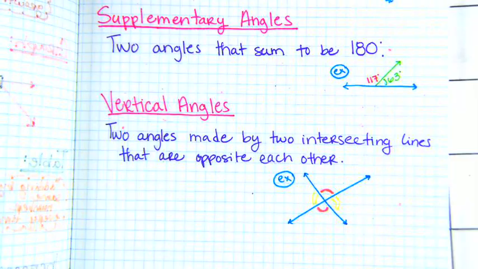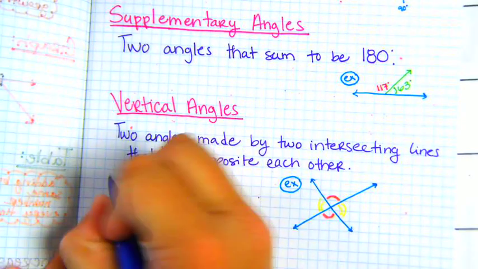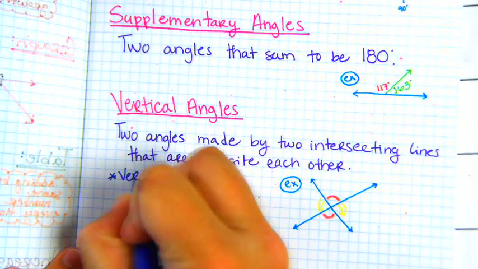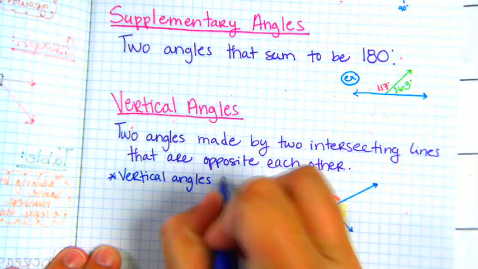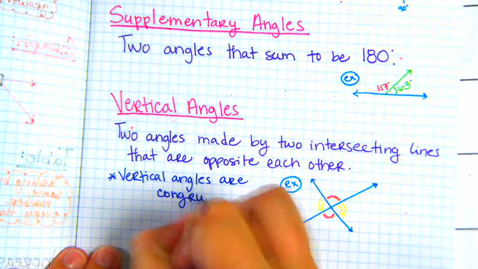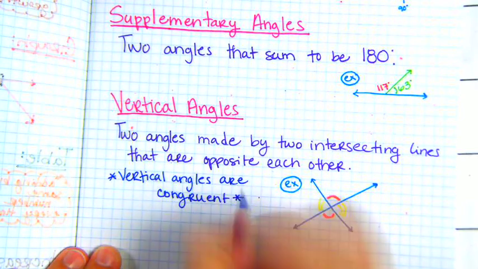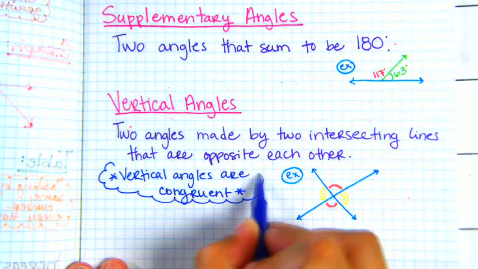Now the property that goes along with vertical angles is that those angles are congruent. And I'm just going to write vertical angles are congruent. That's the property that goes with that.